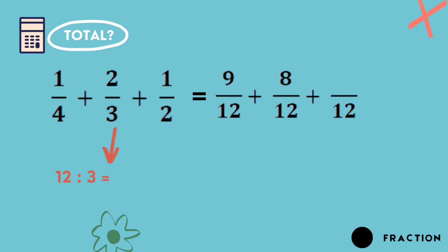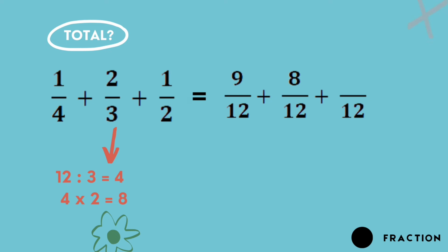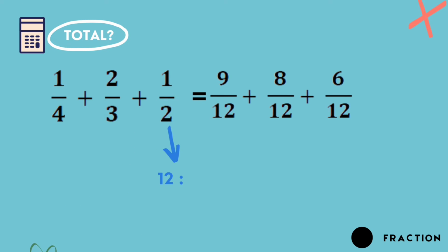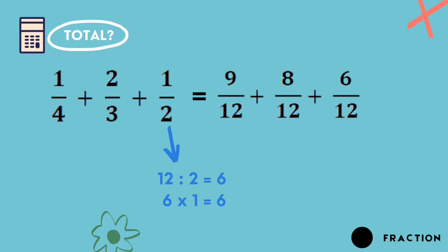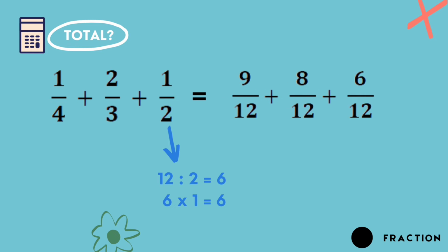Next, 12 divided by 3 equals 4, and then 4 times 2 equals 8. Then we have 8 over 12. And the last one, 12 divided by 2 equals 6, and 6 times 1 equals 6. Then we have 6 over 12.